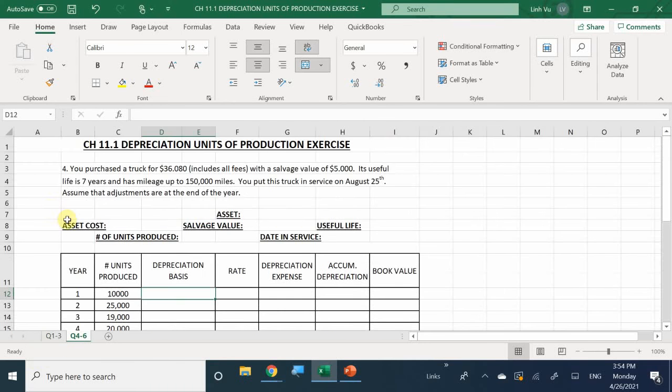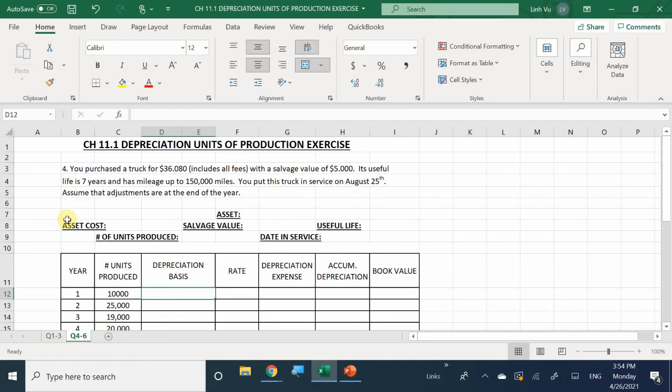So here we have that we purchased a truck for $36,080, which includes all fees, so registration fees, all that jazz. And it has a salvage value of at least $5,000 at the end of its useful life.